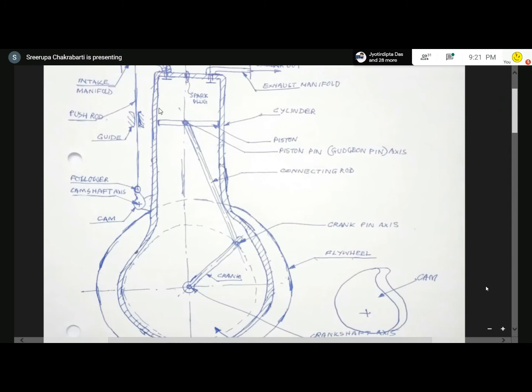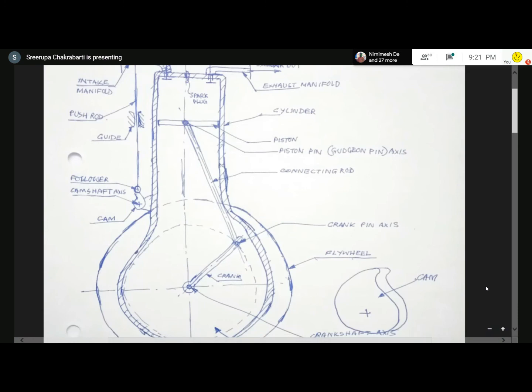If you think about the crank position, the crank is moving from here to here.